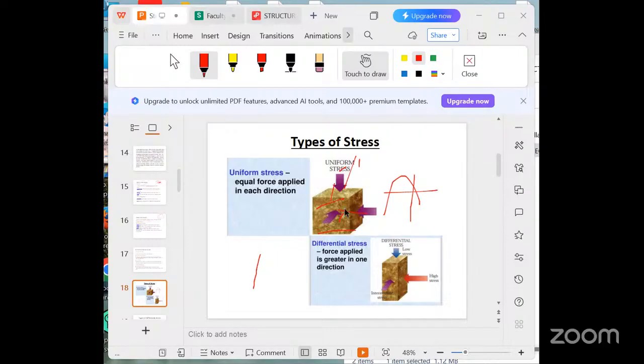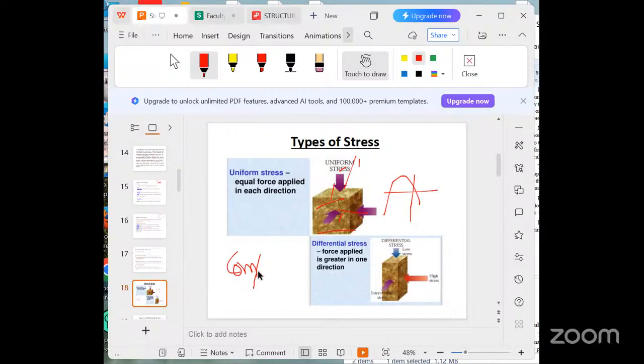So this force would be directed normally to a horizontal plane. Along an inclined plane, however, the vertical force would be resolved into a normal component and a tangential component, right?